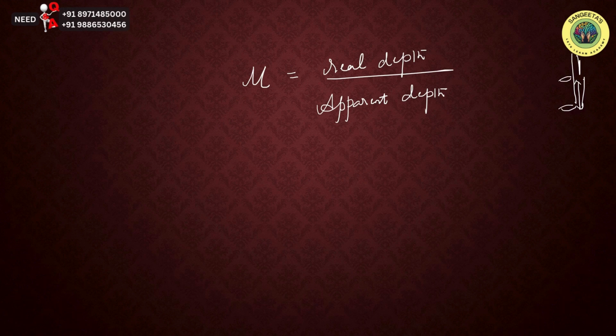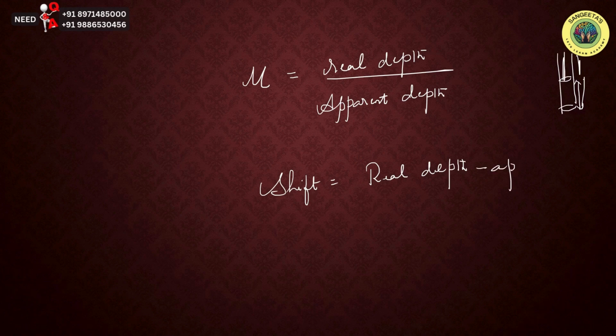So from there you can find anything, either it's 1 or 2 or 3. And what is the meaning of the word shift? So the shift is equal to real depth minus apparent depth, right? Real depth minus apparent depth.